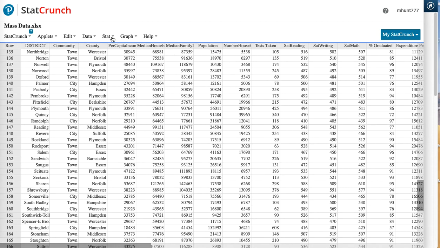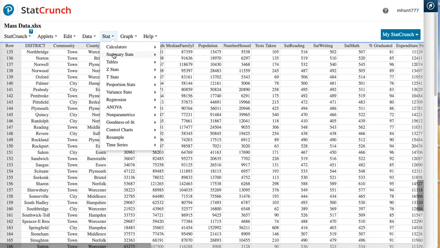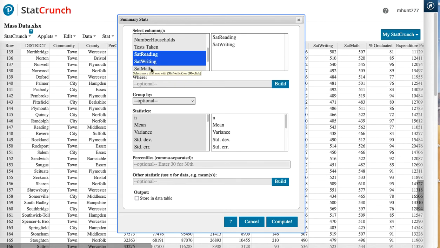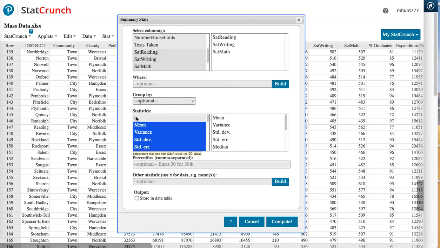Now suppose we just want to crunch numbers. Then we could go under summary stats on the columns. Again, I just want the numbers. I don't want the visual. I want SAT reading, writing, and math. And ideally I don't want all of these statistics, so I'm going to use my command key. I want the sample size.